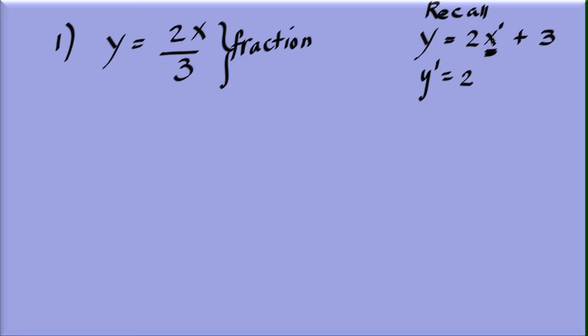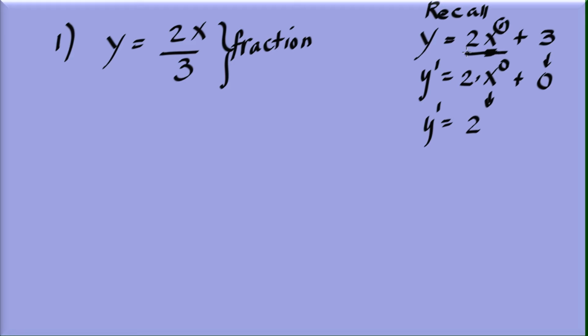When you use the power rule, you multiply this 1 by 2, that's going to give you 2, and then times x to the 1 minus 1, so that becomes x to the 0. And then plus the derivative of a constant, again, is 0. I'm going to go ahead and write it down so you can see what's happening. So y prime equals 2, now this x to the 0 is just going to be 1.